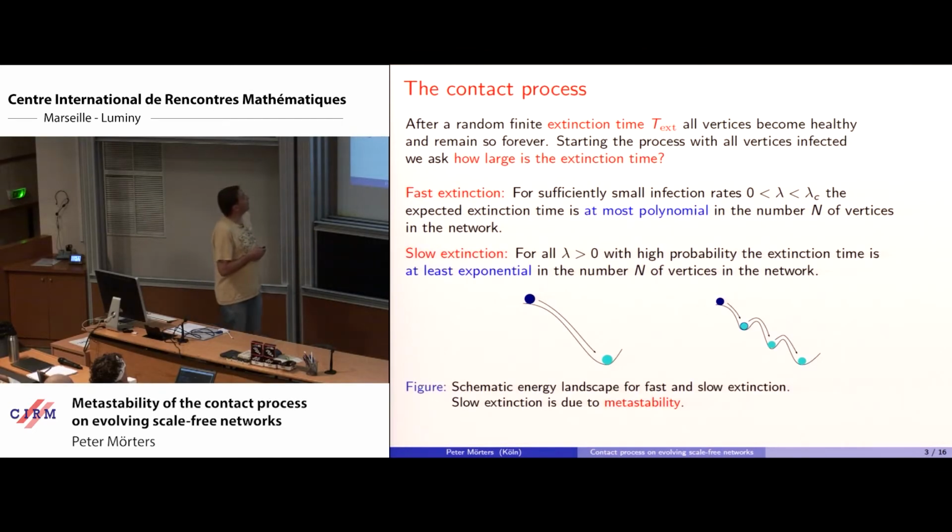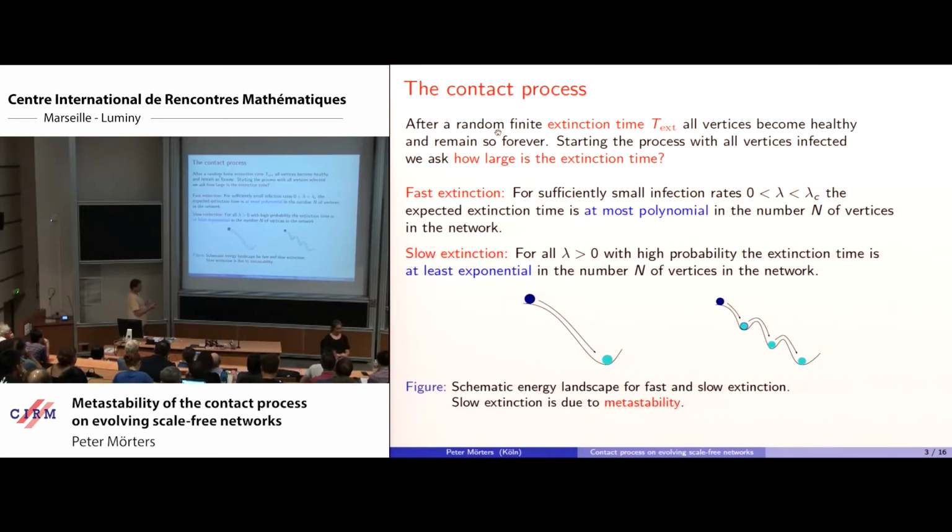And the alternative is slow extinction, and that means that for every infection rate lambda, no matter how small, there's a high probability that the extinction time is at least exponential in the number n of vertices in the network. Behind this there is a sort of physical scenario.